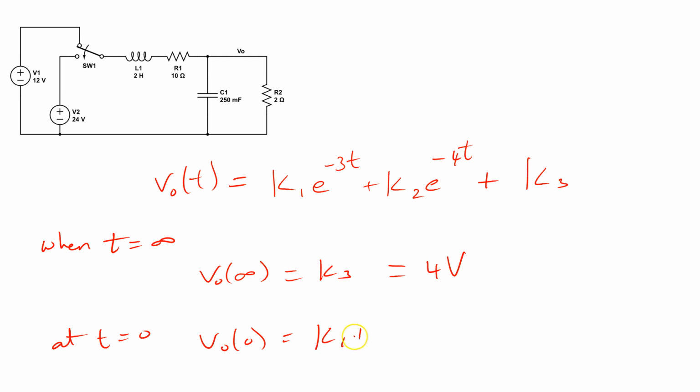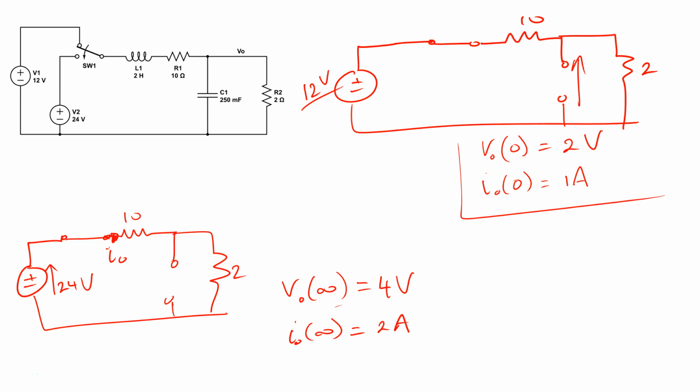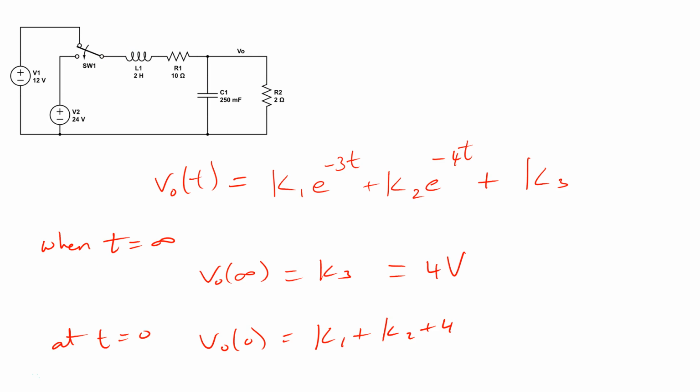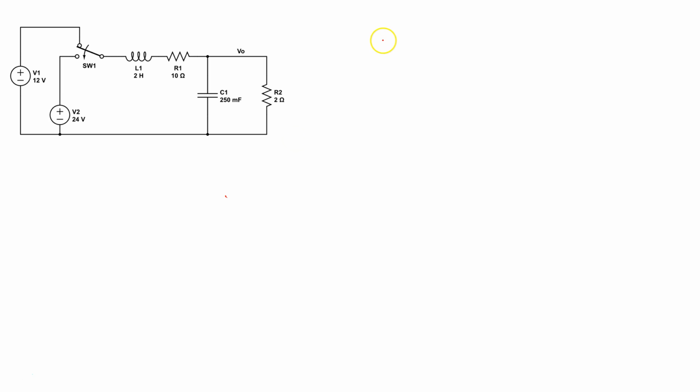So I'm going to get K1 plus K2 plus 4. So V0 at time 0, if you remember, if we go back, was 2 volts. So I have now K1 plus K2 plus 4 is equal to 2 volts, or K1 plus K2 is equal to minus 2. So now I need to find what is dV0/dt at time 0.